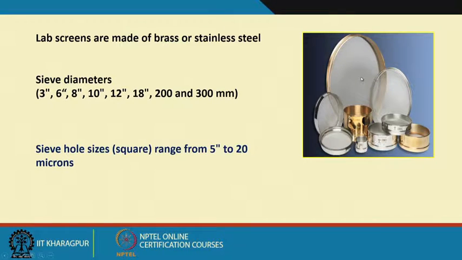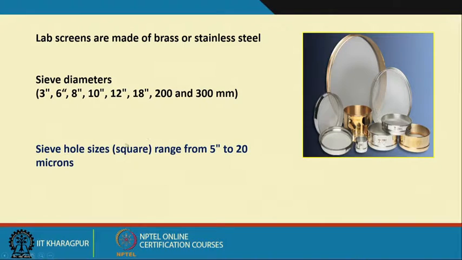So, how do I decide the sample weight? That will be dictated by how much sample in one go you want to do the size analysis. So, if I want to process more amount of material, I have to go for the bigger sizes of the sieves. But again, my Ro-Tap sieve shaker should also be appropriate to accommodate these sizes of sieves.